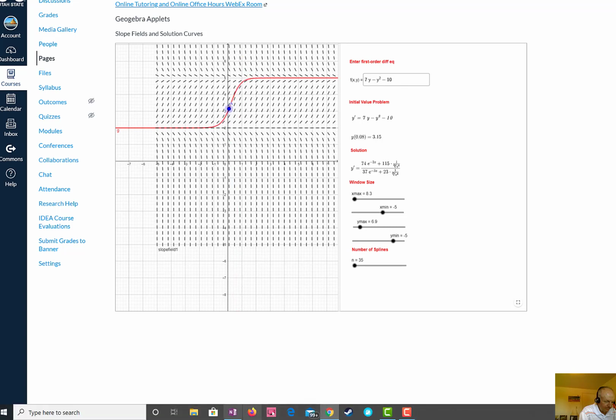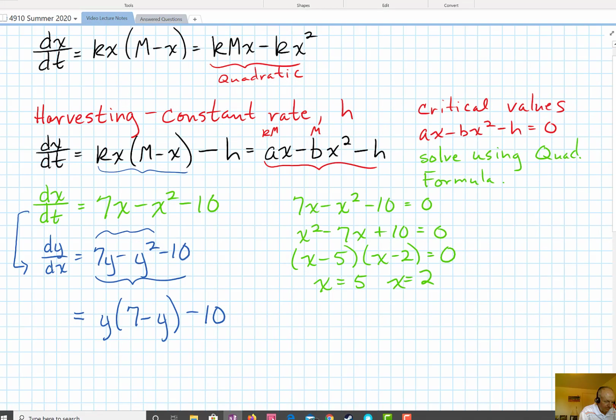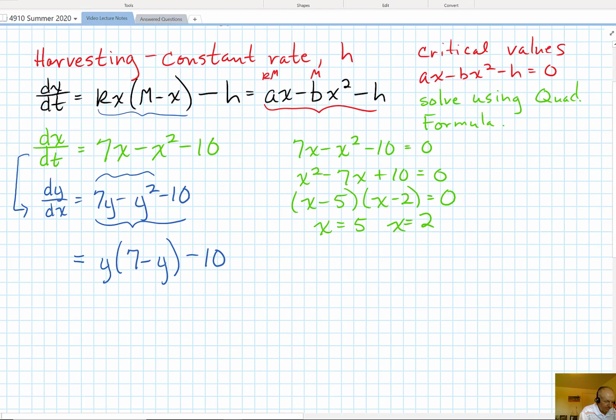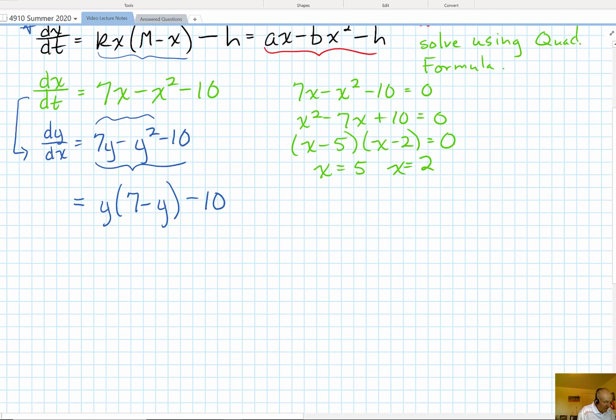Okay, I will just mention this, and this goes for the logistic equation as well. This equation right here, let's get that right. Yeah, so this equation right here has a solution that we can find using our techniques. And I guess I'll do it for posterity.